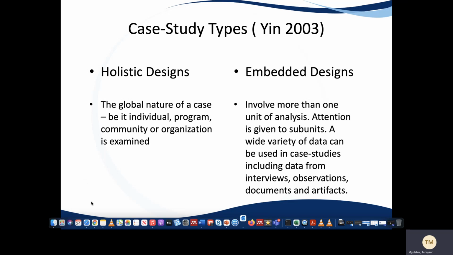Whereas an embedded design is interested in the fact that you may have a case analysis approach to something, but inside that case, there's also opportunity for you to have other units that you call a case. So I will give an example.